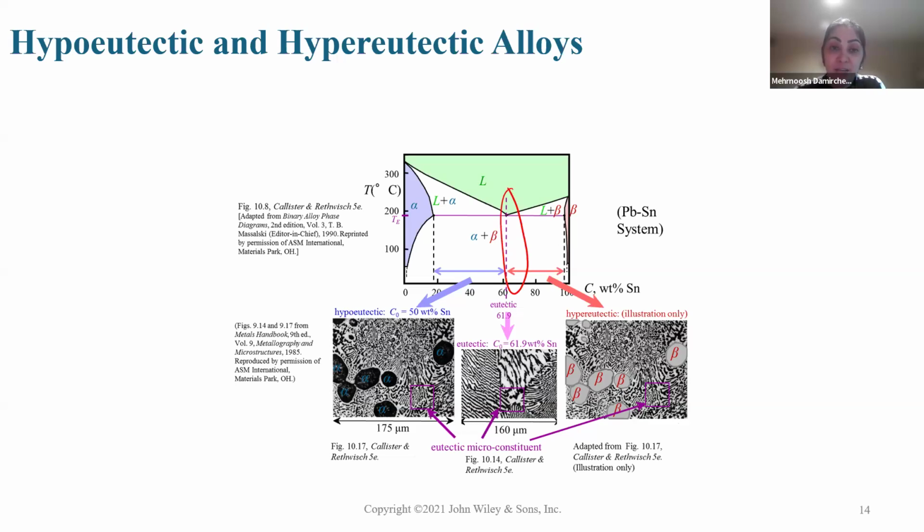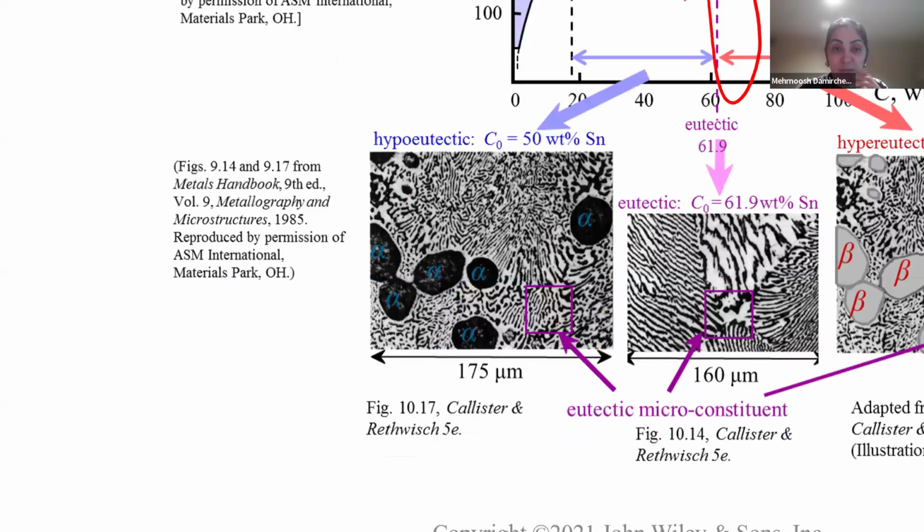At the left side, we have primary alpha plus lamellar: layer by layer, one layer alpha, one layer beta, but these circular or particle parts, labeled alpha, are primary alpha.